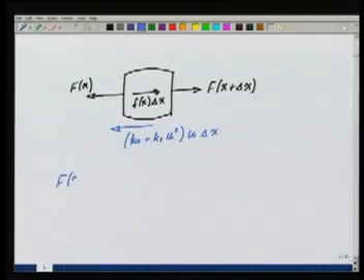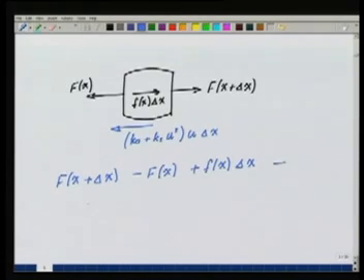If I look at the equilibrium equation, I will get F at x plus delta x minus F at x plus Fx delta x minus (k0 plus k1 u squared) u delta x.